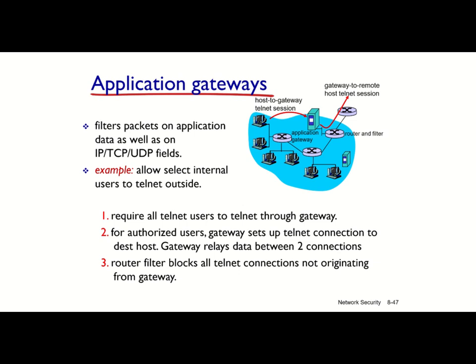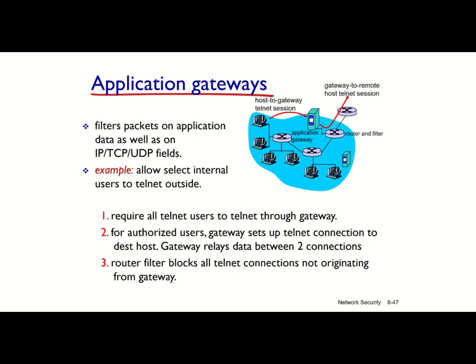As an example, here I'm going to talk a little bit about an application gateway that allows selected internal nodes to telnet outside and doesn't allow others to telnet outside. To do this, we first have to have a machine that is our application gateway, plus the router that is our firewall.